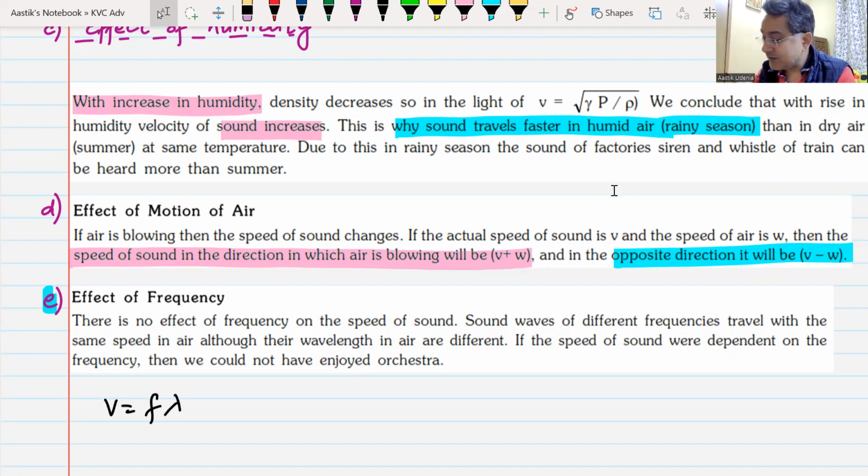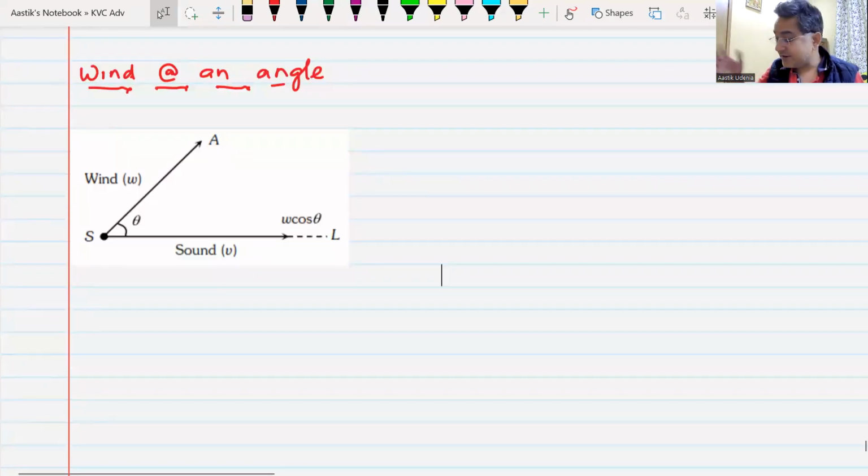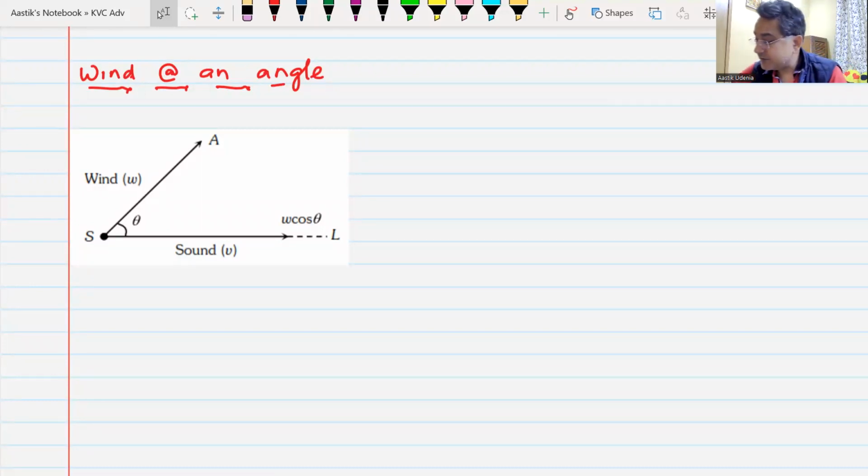So you can write wind at an angle. We are going to see this in the coming classes. If wind is at an angle like this, wind is moving here along the blue direction.